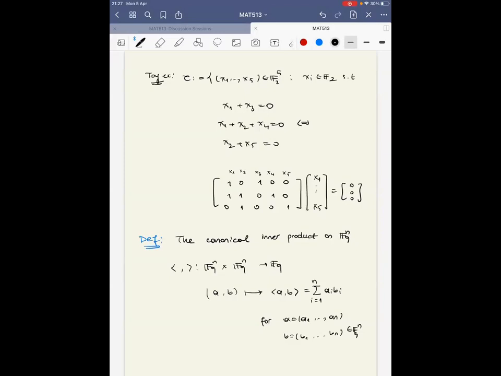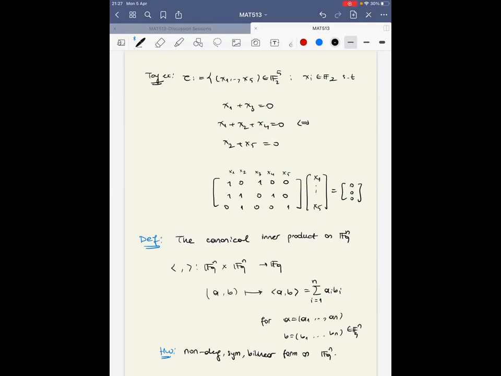In the literature, you can also see it called the Euclidean inner product. And we can easily check that it is a non-degenerate, symmetric, and bilinear form on F_q to the n.